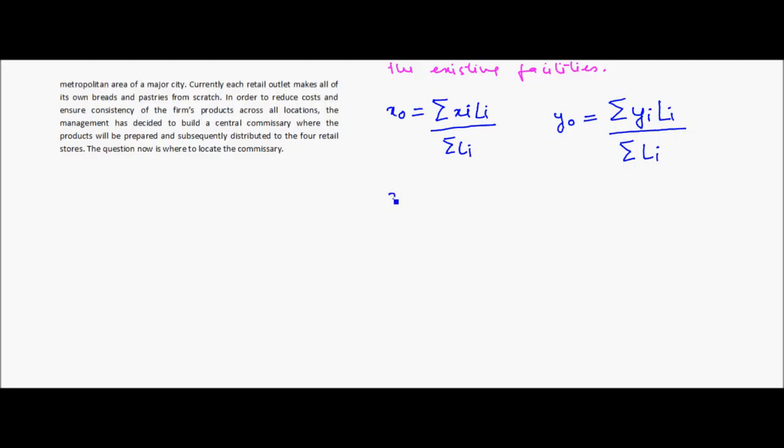Now here X0 and Y0 are the coordinates of the new facility.